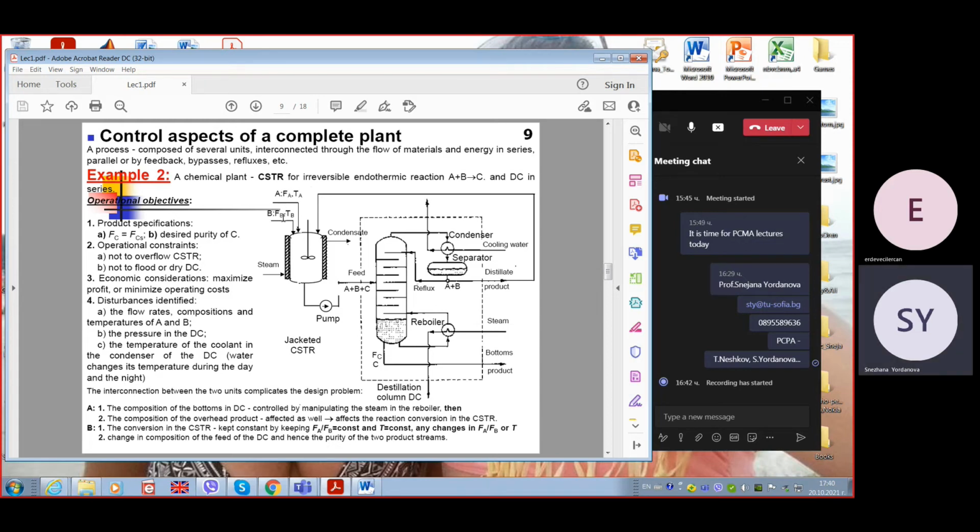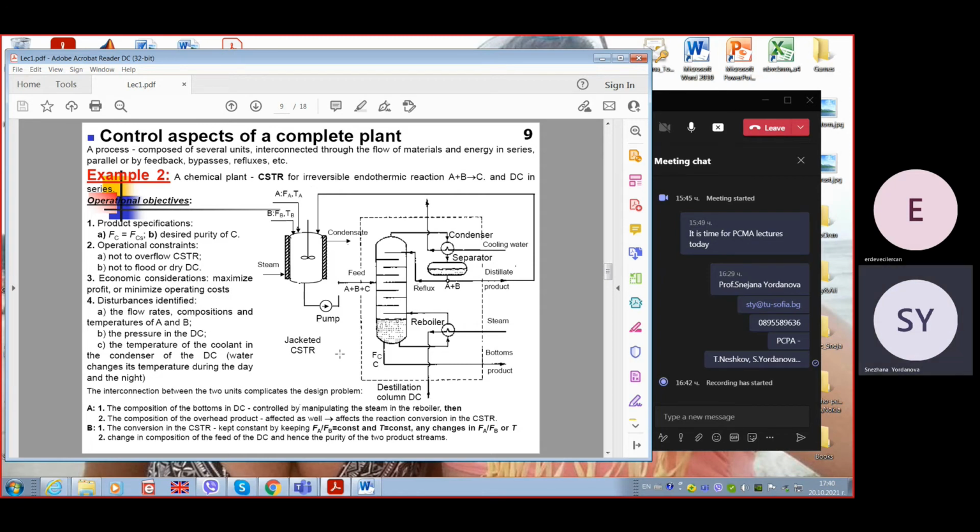So the flow rates of A and B should make a ratio which will ensure less A and B in the product. So not to have much of the components, but to have the final product. So they all should react to result only in product C. But unfortunately, we do not know how much A and B will be added. So the ratio flow rate of A over flow rate of B is violated.